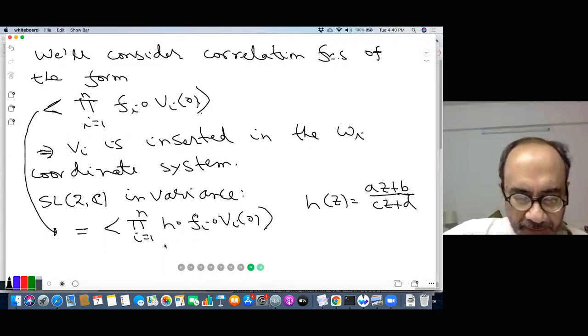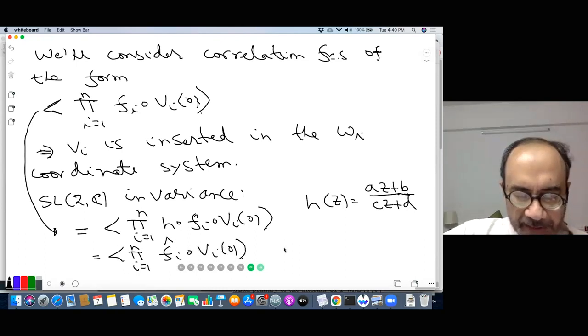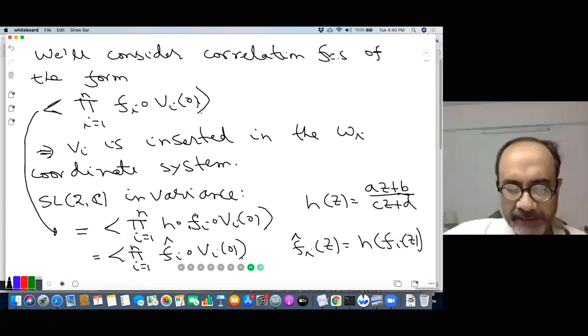And this can be written as, if we call this Fi hat dot Vi of 0, where these are new maps, Fi hat of Z is just H of Fi of Z. Because this notation basically means that we first transform Vi using the Fi coordinate system and then using H, right? But that's the same as transforming by the function H of Fi of Z.